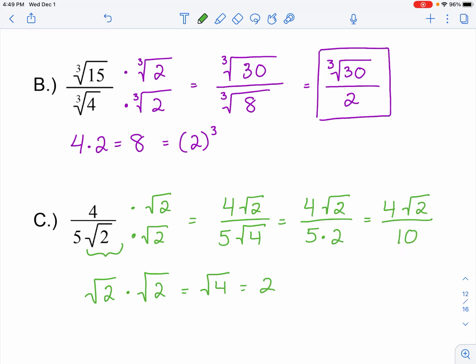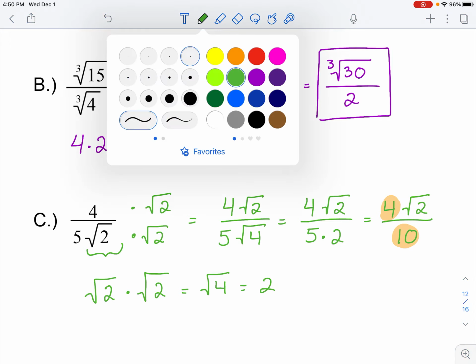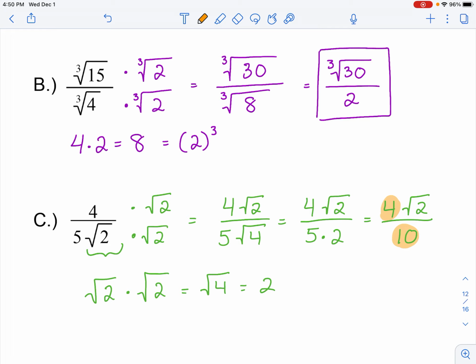Now this is not quite finished though, and here's why. These numbers that are on the outside can be reduced. They have a common factor, so I'm going to divide top and bottom by 2.